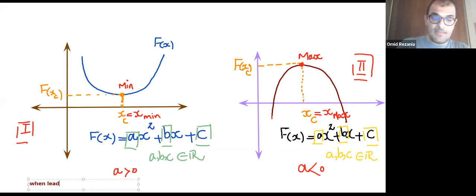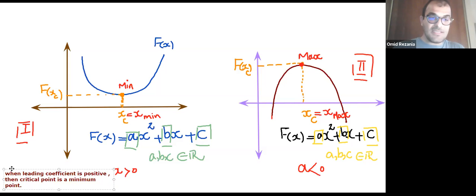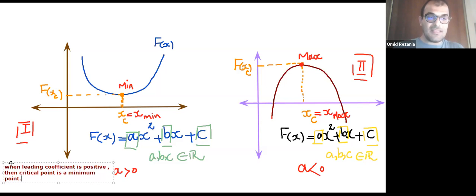When the leading coefficient is positive, then the critical point is a minimum point. We call that local minima. You're going to see that in the next lecture. We call that local minima.